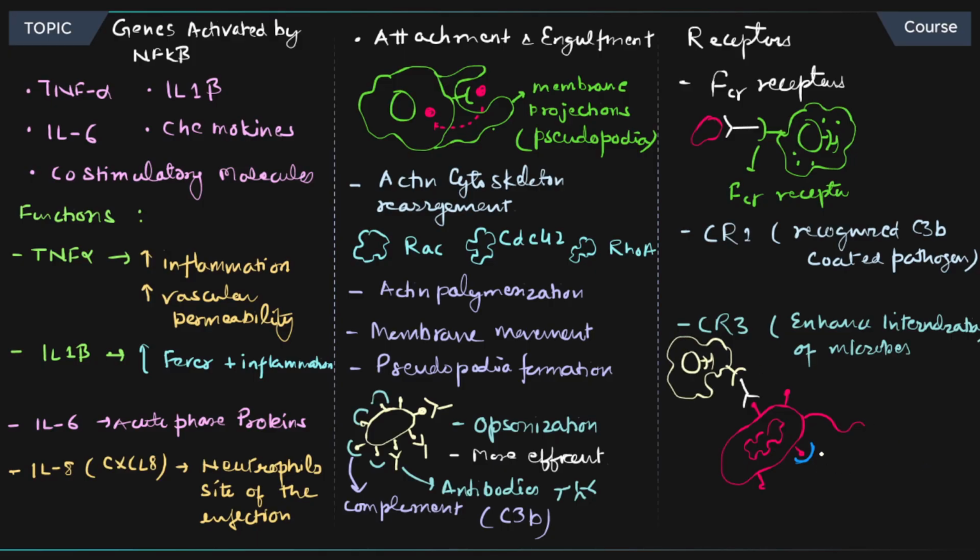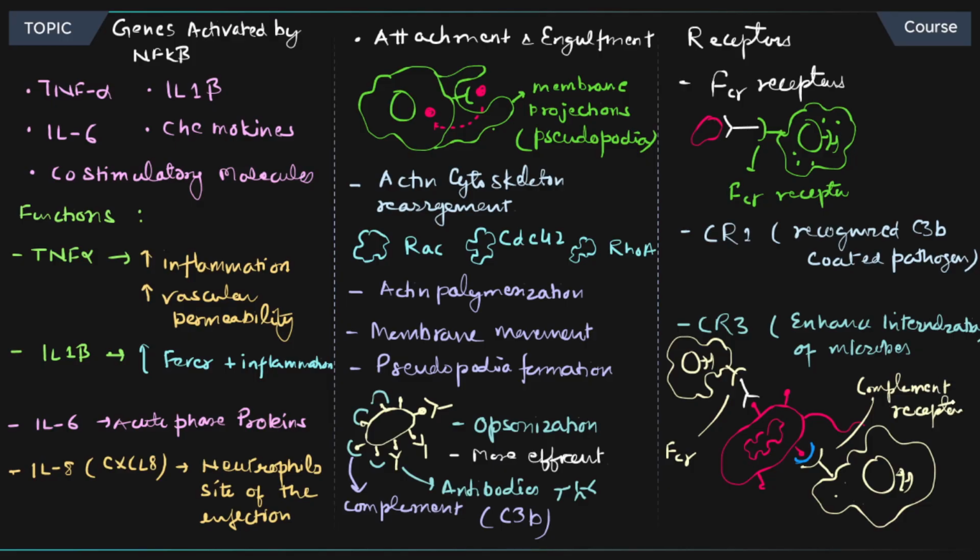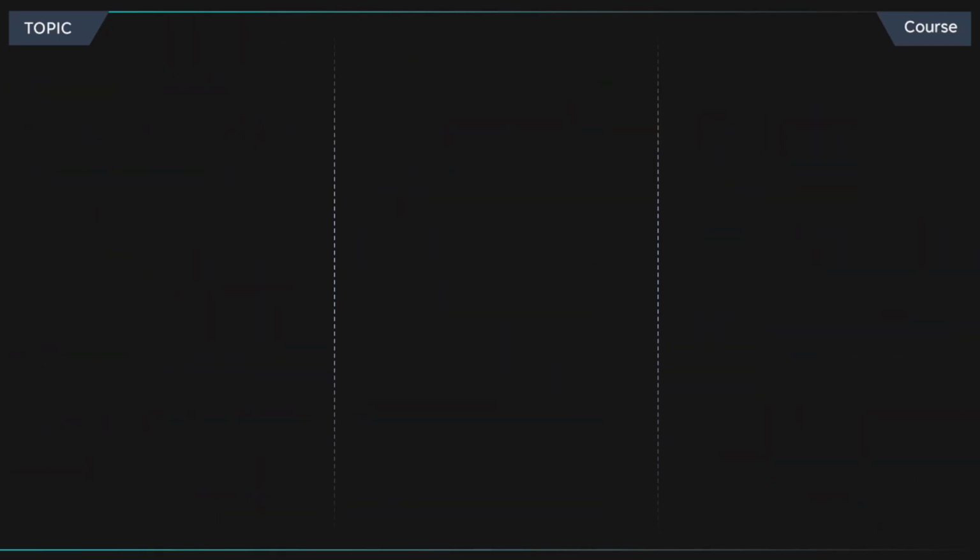And right over here, another receptor, the complement receptor. This one is the Fc gamma receptor, and this one is the complement receptor, which is CR1 in this case. I'm just giving you an example, right? This is how opsonization will happen, and the bacteria will enter inside the cell. Okay, now let's talk about phagosome formation. Really important.